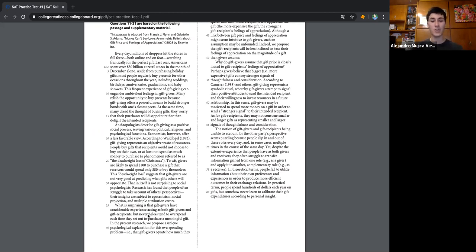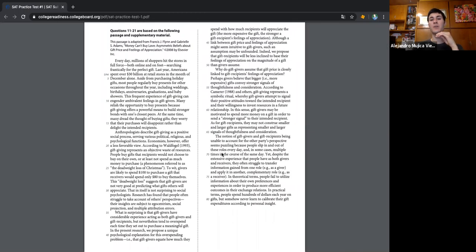In the present research, we propose a unique psychological explanation for this overspending problem, i.e., that gift givers equate how much they spend with how much recipients will appreciate the gift. The more expensive the gift, the stronger a gift recipient's feelings of appreciation.